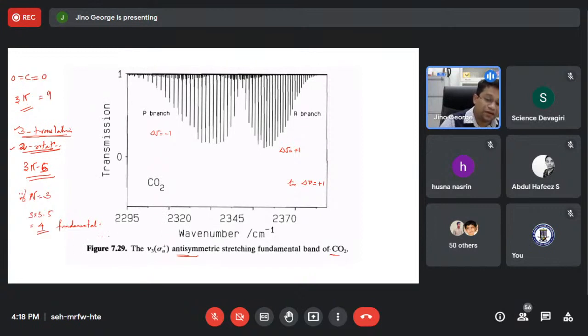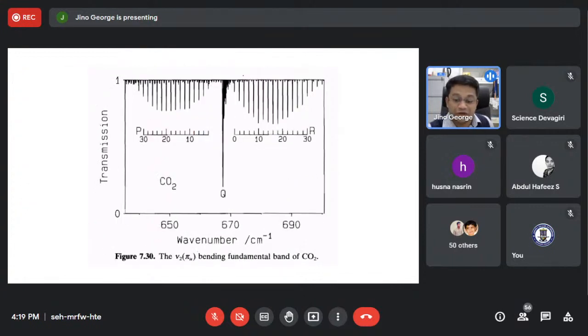Then what I see is an anti-symmetric stretch, which is coming around 2200 to 2400. This band is something around 2349 centimeter inverse, something around 2350 centimeter inverse. This we normally do in our lab. This is the corresponding bending mode.